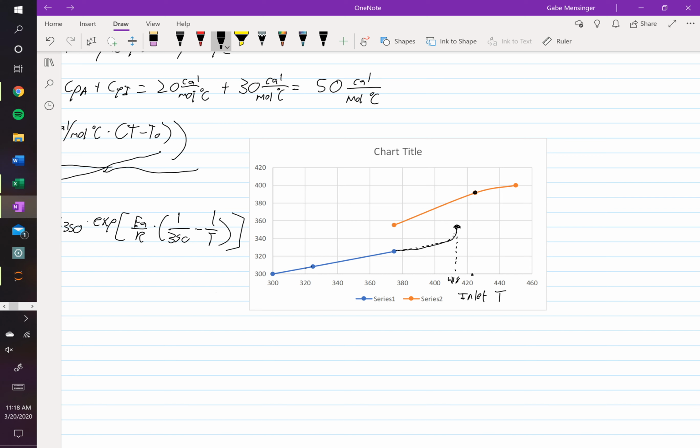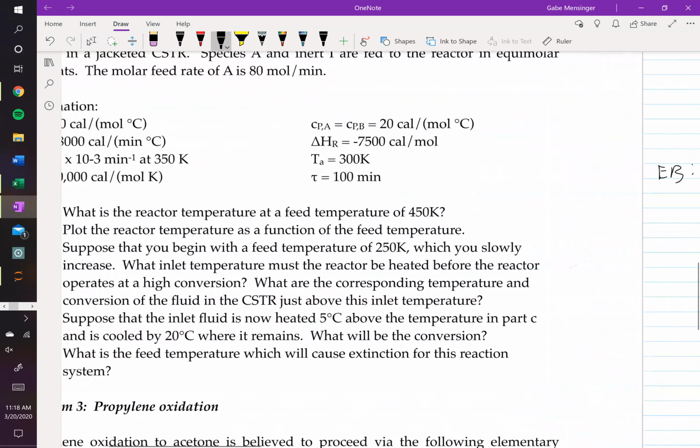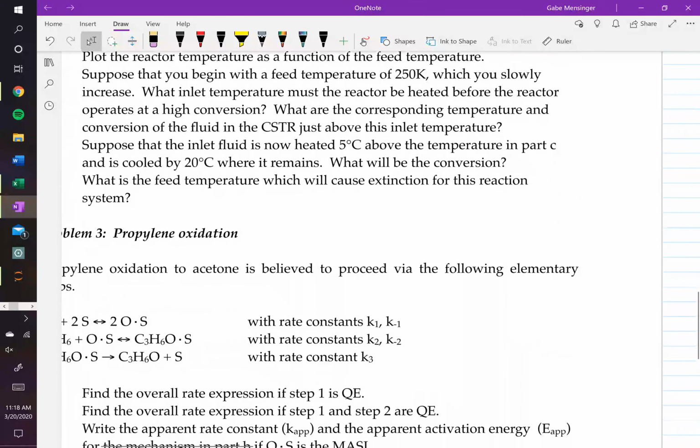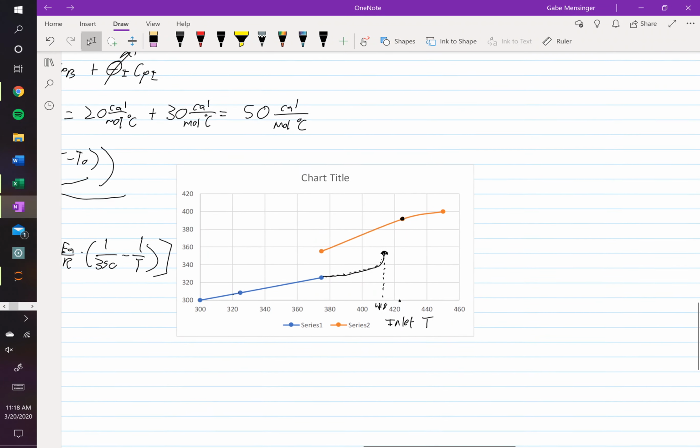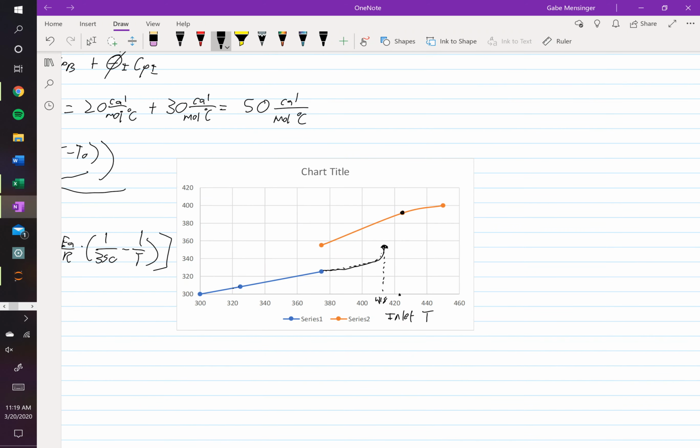So we've increased by 5 degrees, and then it's saying we cool 20 degrees C and that's where it's going to stay. So we're going to cool 20 degrees, but we're going to be staying on this line. So 20 degrees down, that's going to be right about here.